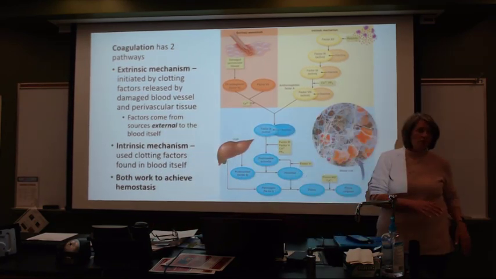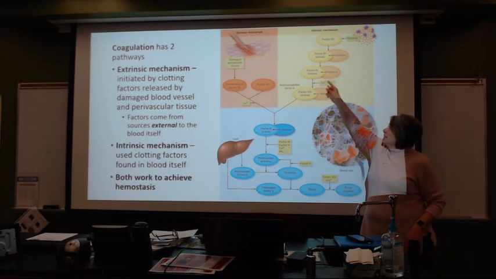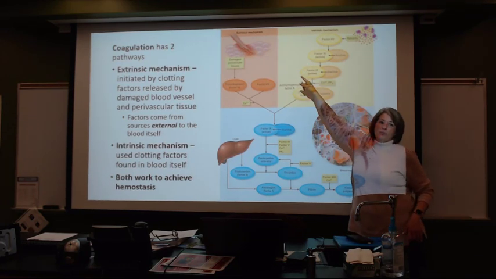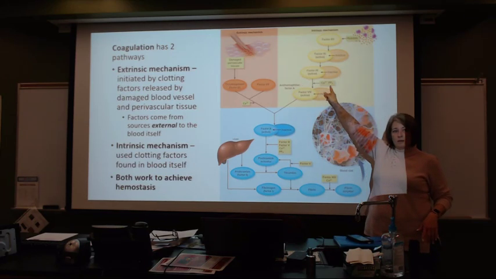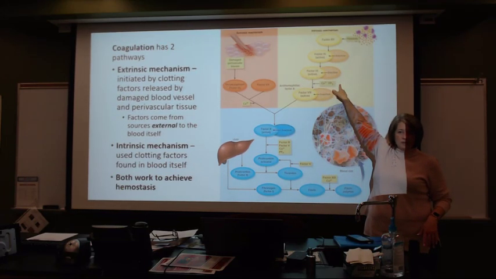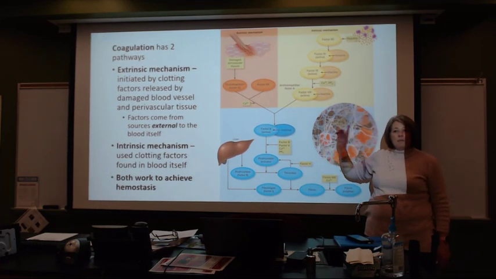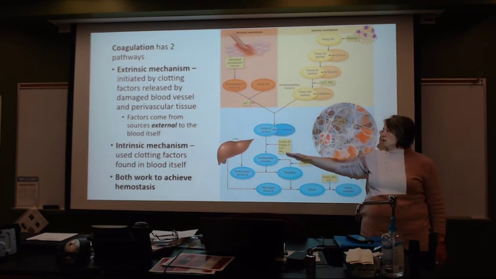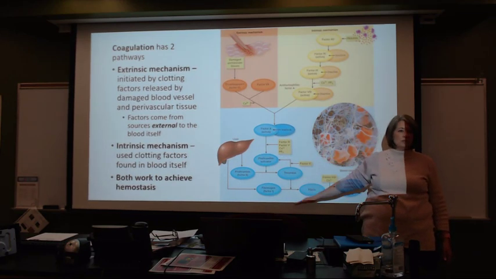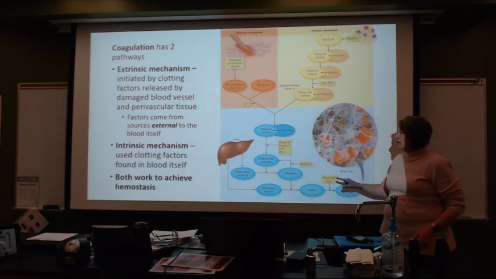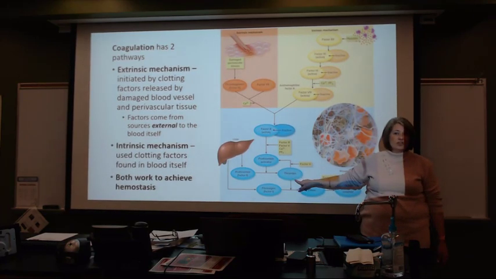Hemophilia, for the most part, is occurring in these pathways, specifically this one. We do have some hemophilia that occurs here, but a lot of what occurs here, if something goes wrong, it's because something goes wrong with thrombin.